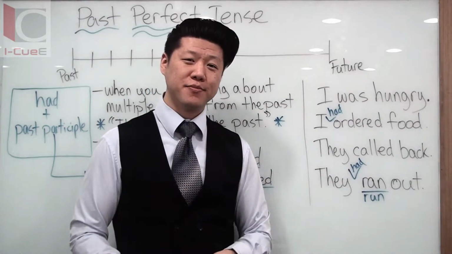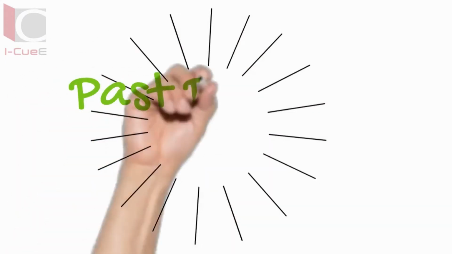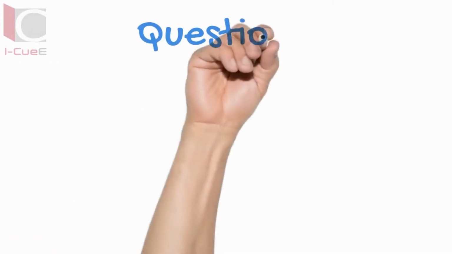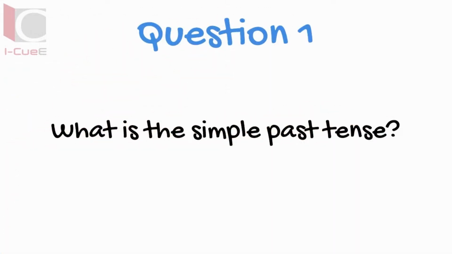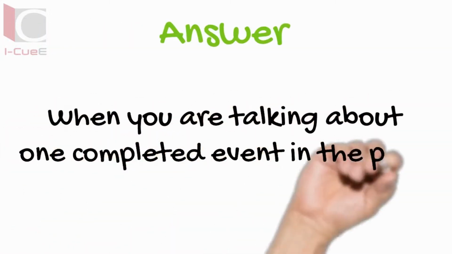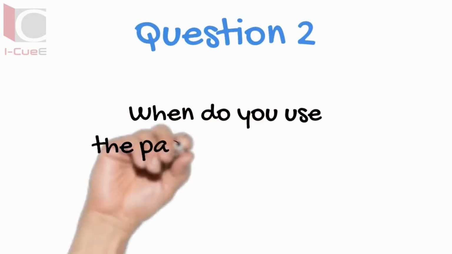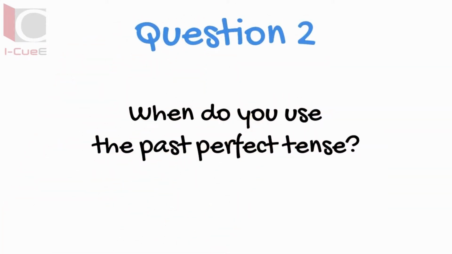Let's review. Past perfect tense. What is the simple past tense? When you are talking about one completed event in the past. When do you use the past perfect tense?